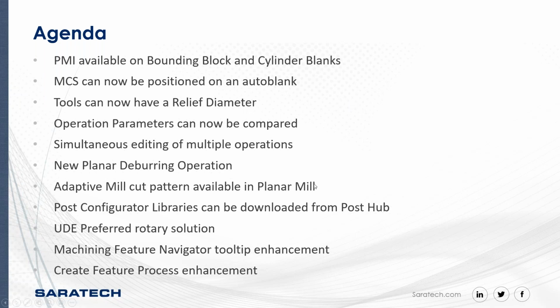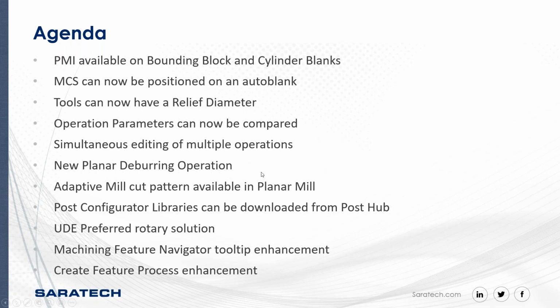And the tools, now you can put a relief diameter in, which before you had to make up your own method of making relief diameter tools. You can now compare the parameters of two operations to quickly see what's different. And you can simultaneously edit multiple operations.